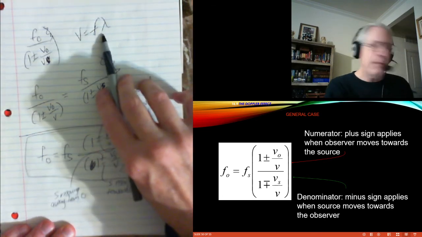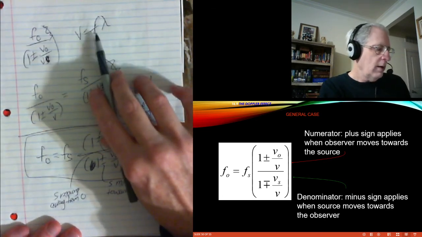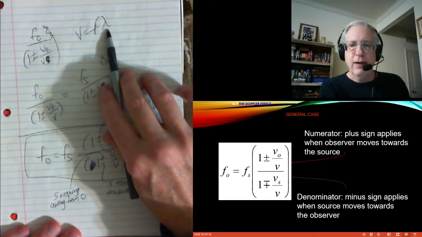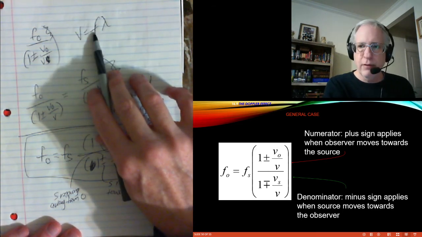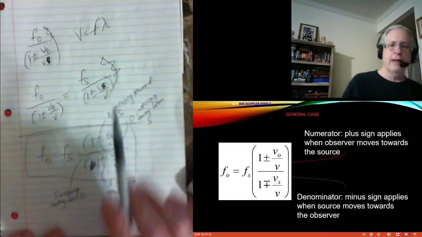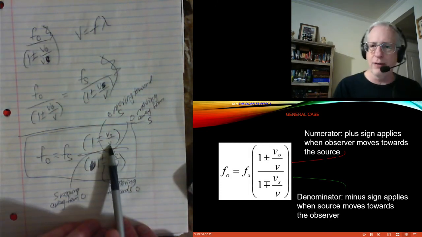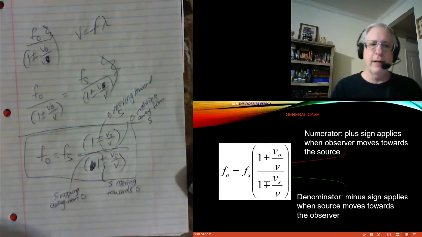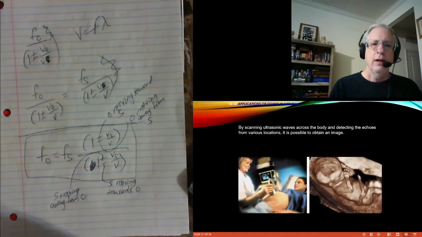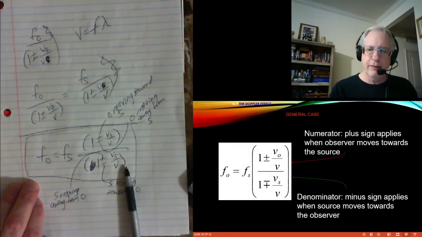So in college, they might throw a caveat at you where instead of giving you frequencies, they give you wavelengths, and you have to convert those into frequencies first. I'm not going to mess with that kind of stuff. Or they might change the temperature of the air so that you can't use 343 for the velocity, but I'm going to give you that velocity. All right, so that is the general equation for a Doppler effect.